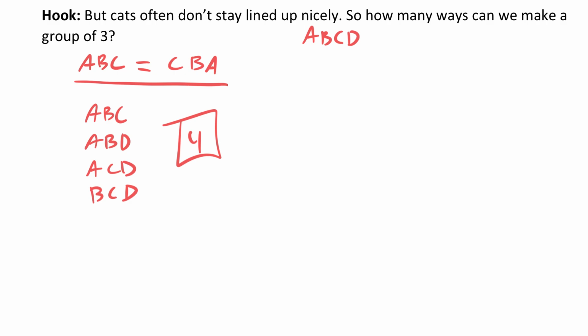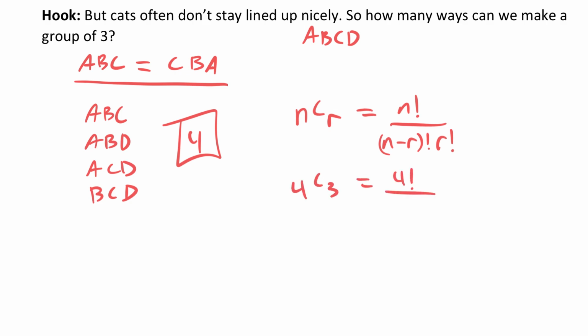All right, so some of you have probably seen that C formula, nCr. That means n factorial over n minus r factorial times r factorial. So in our example, if we have 4 cats, choose 3 of them, that's 4 factorial over 4 minus 3 factorial times 3 factorial, which equals 24 over 1 factorial times 3 factorial.